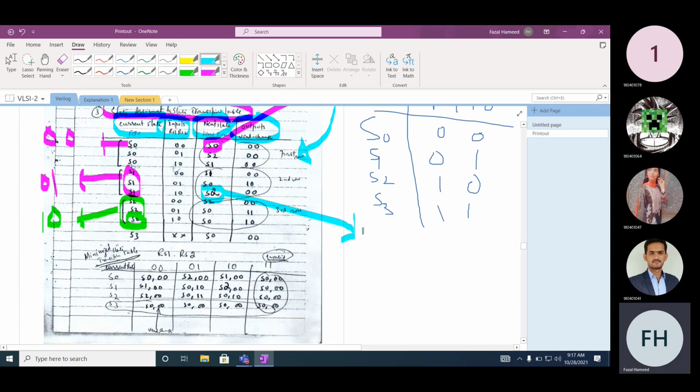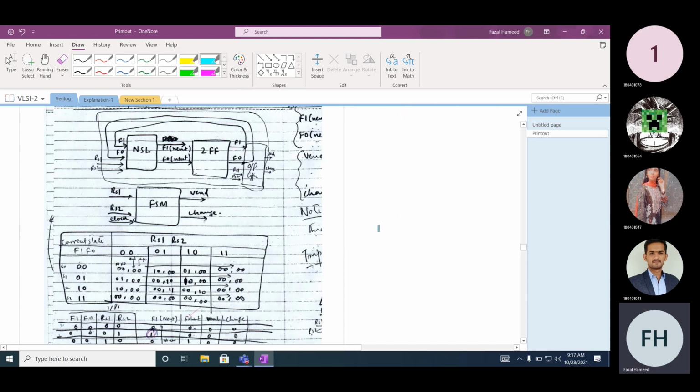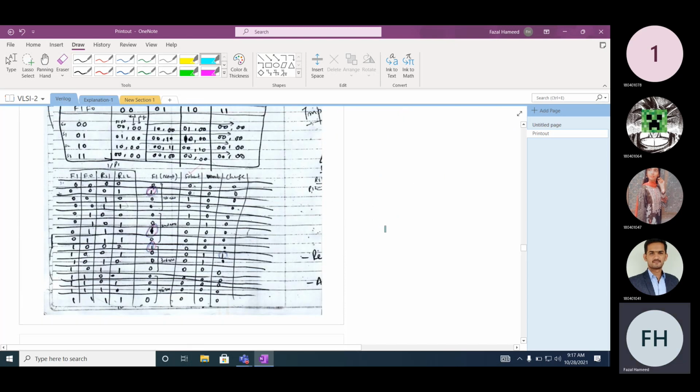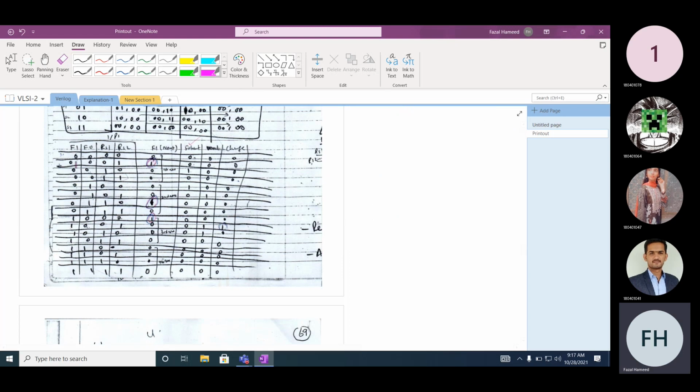From this table, we will draw the truth table, and from the truth table, we will design how many gates will be needed. Did you understand? Okay. For S2, what will be the coding? 1, 0. Now, can you see this diagram?